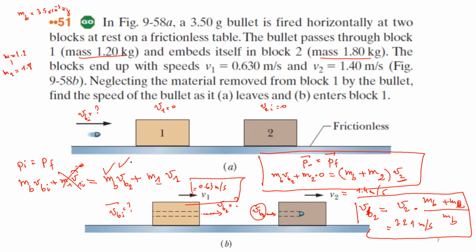Okay. So that means VB initial is just the mass of the bullet multiplied by VB2, which is 721, plus M1. M1, I know it. It was 1.2, multiplied by V1. V1 is 0.63 divided by MB, which is 3.5 times 10 to the power minus 3.